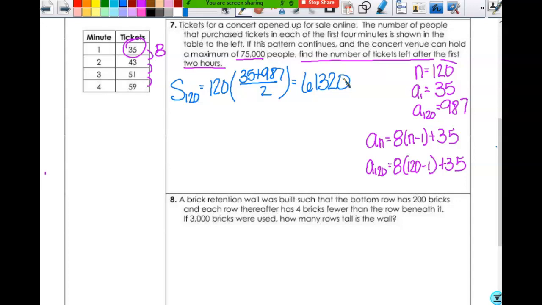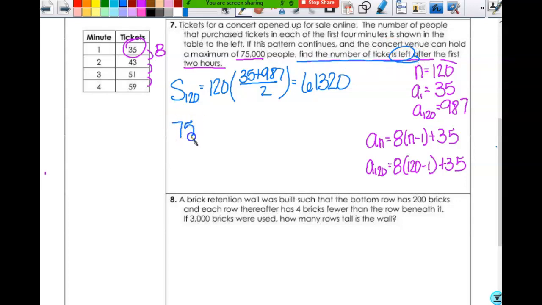So I got 61,320. Is that my answer? Even if I put it in a fancy sentence? No. Because it doesn't say find the number of tickets sold, it says find the number of tickets left after that. So what do I need to do? Subtract.